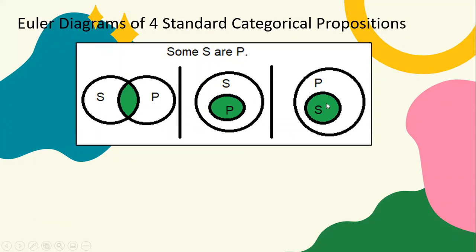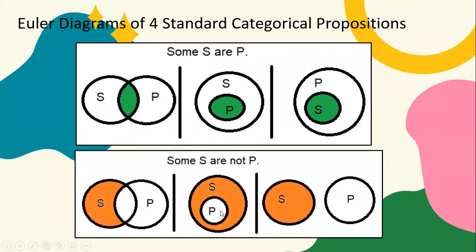Kasi pag sinabi some S are P, ibig sabihin, hindi lahat ng P ay S. Tama ba? Parang ganun din. So yan yung different ways by which we can symbolize or draw the diagram of the categorical proposition that some S are P. Yan yung three different ways. Yun namang negative niya, ito naman yun. Some S are not P.